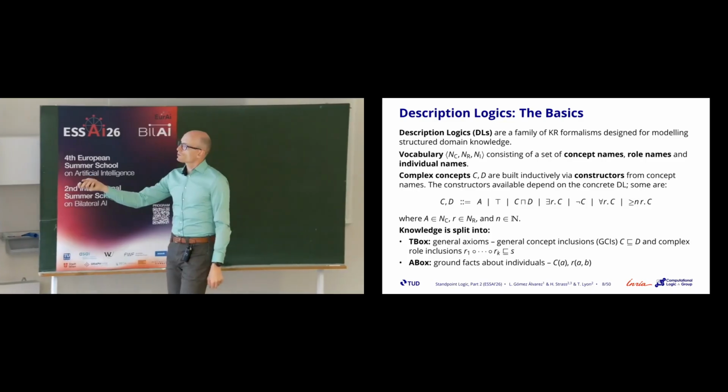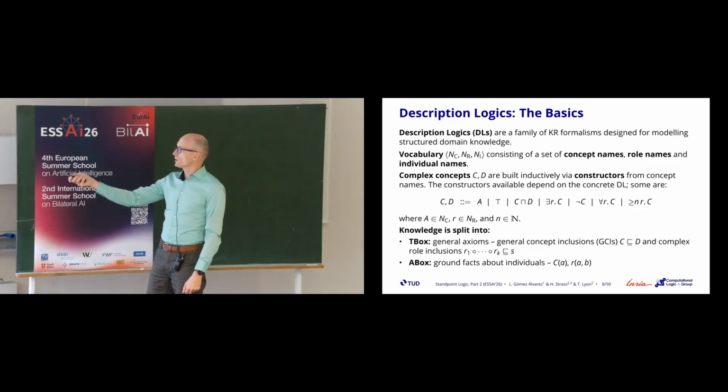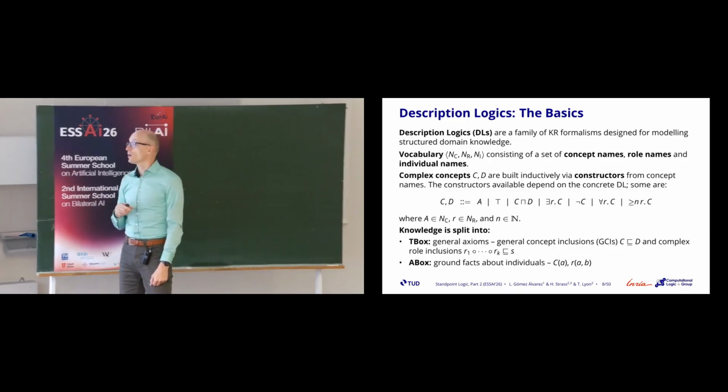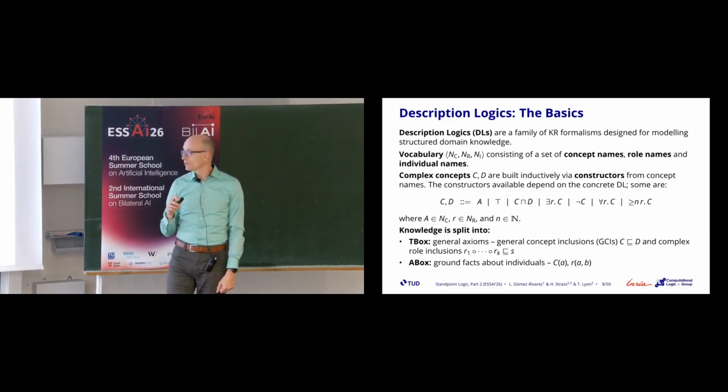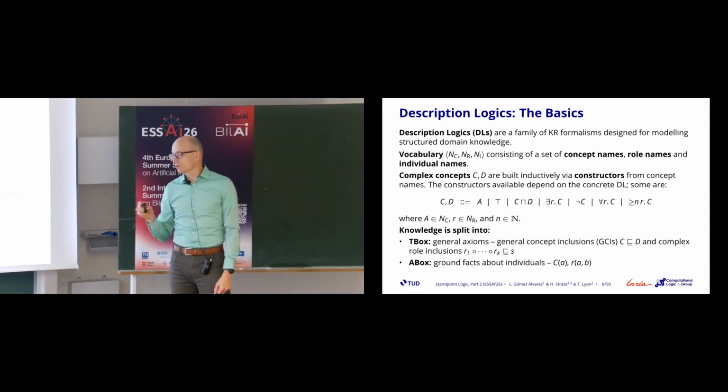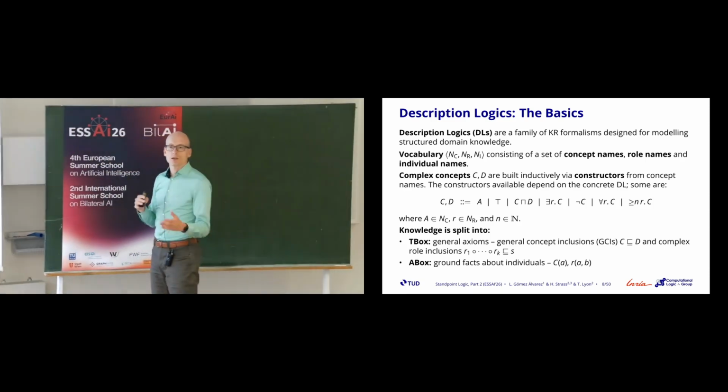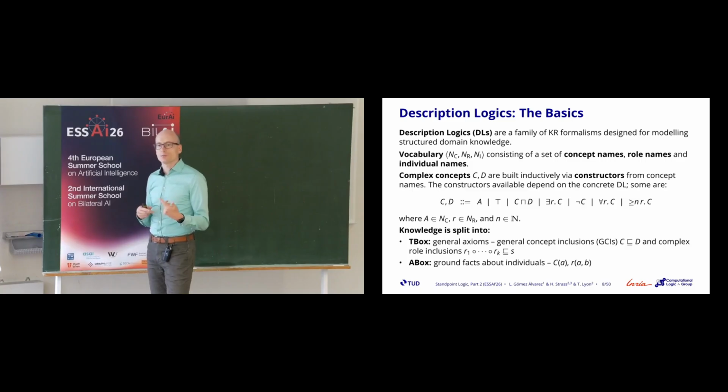So when using description logics, you typically split your knowledge base into two parts. You have one terminological box, the so-called T-box, containing general axioms regarding terminology of the domain.